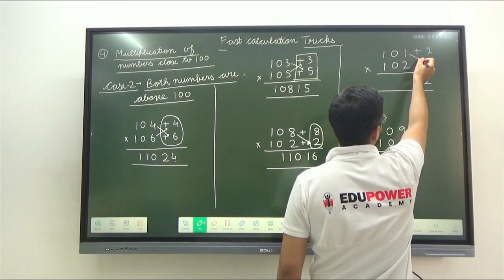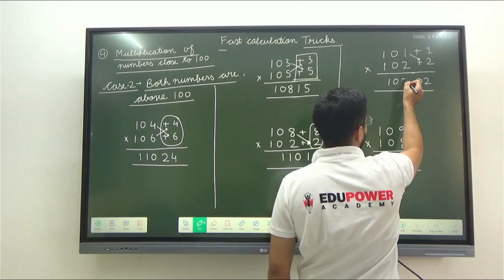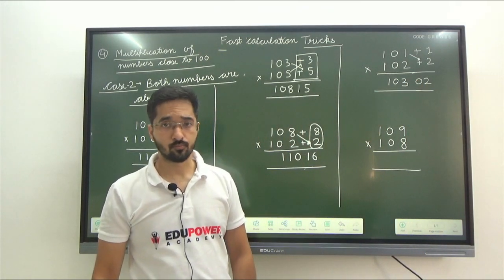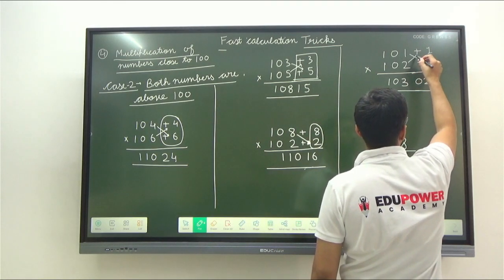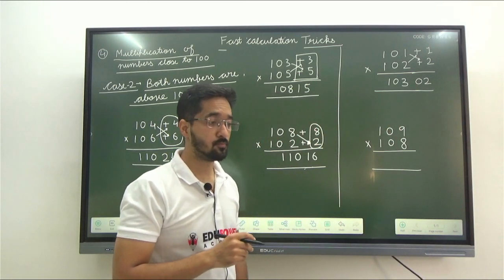Now next is 101 plus 2, that is 103. So the answer comes out to be 10302. Or we can also do it this way, cross addition, 102 plus 1, 10302.